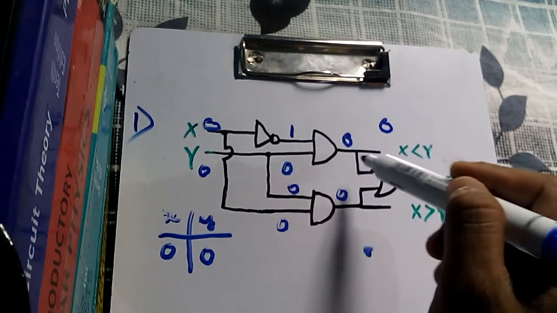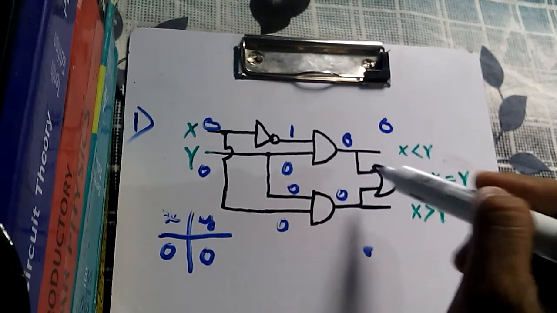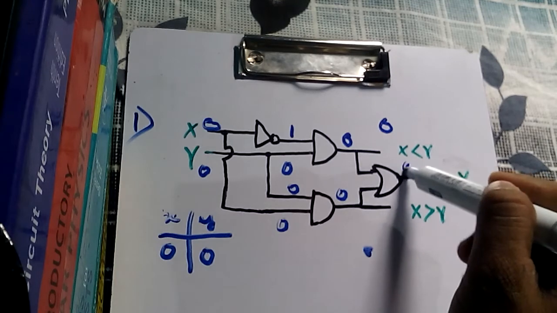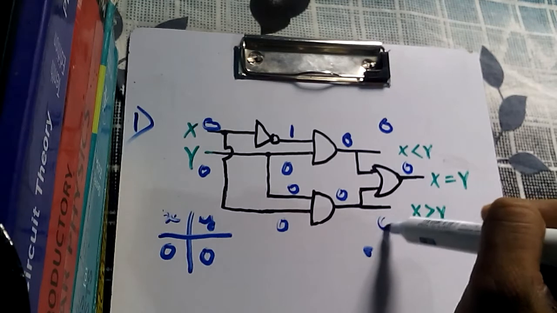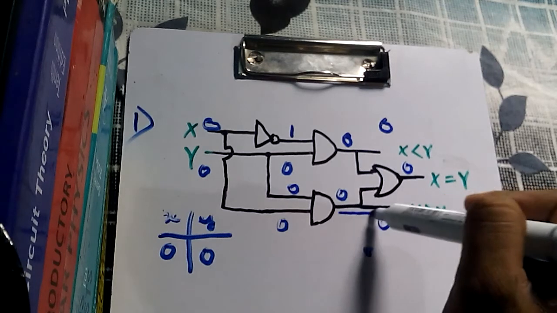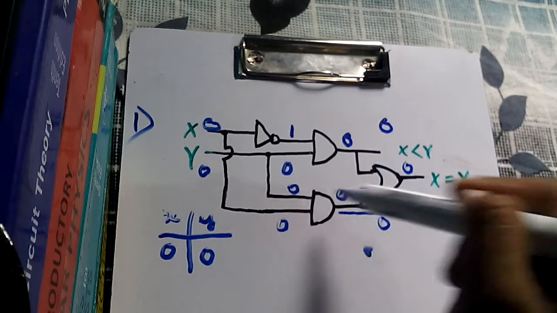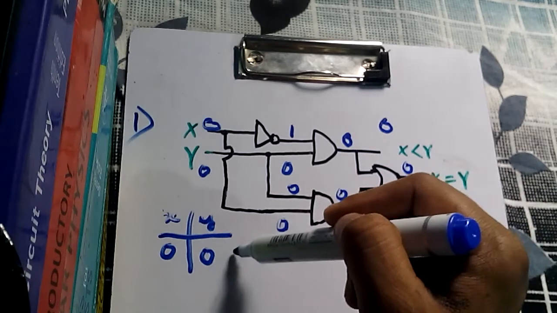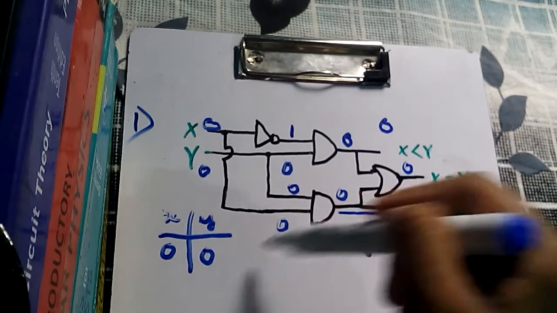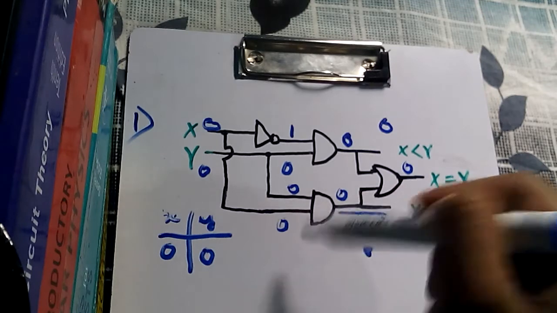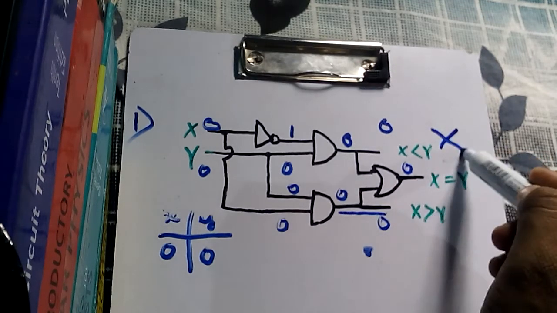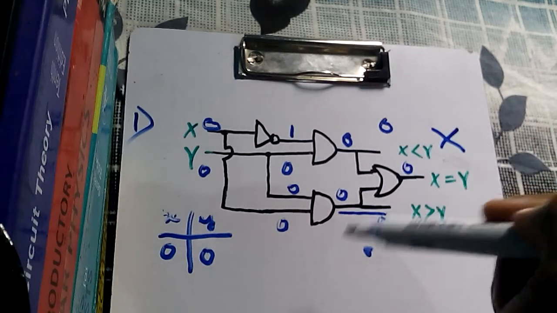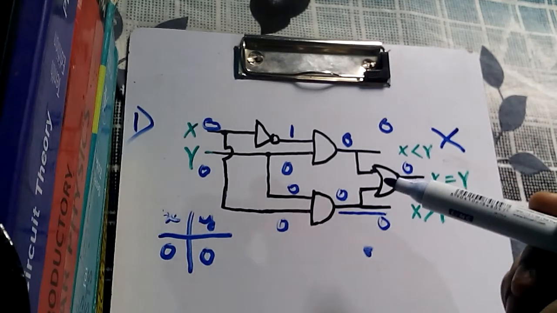From here, this 0 and 0 go to this OR gate and produce 0, and in the third output also we are getting 0, because it comes directly from this line. So in the case where x and y are both 0, the output x equal to y should give us 1. But unfortunately it is not giving that, so we will say that this option is not the correct answer.